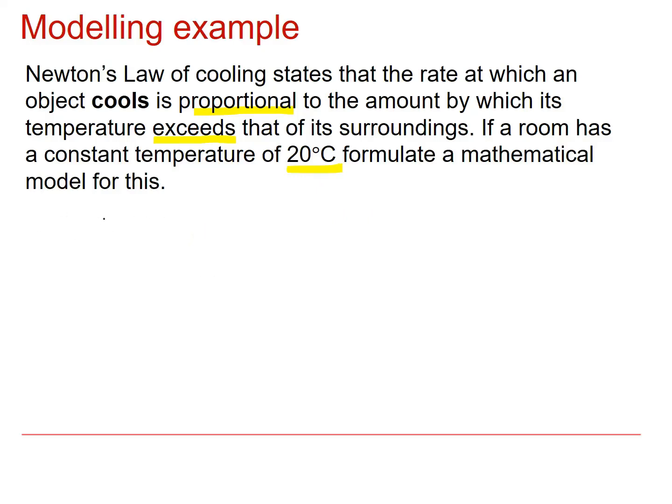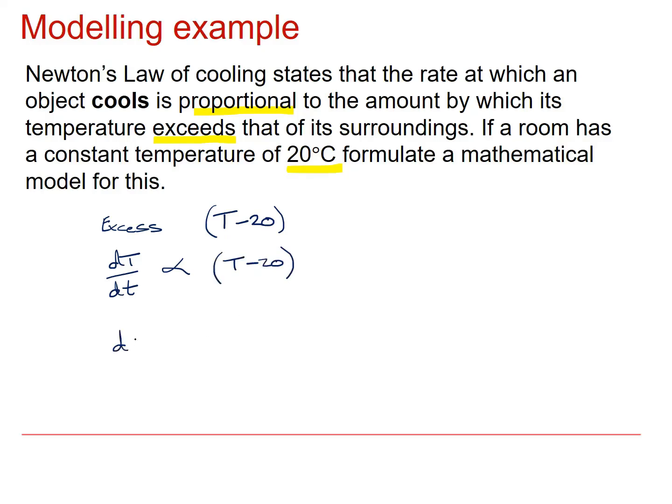Well, we can write that the excess temperature, the amount by which an object exceeds the room temperature, is T minus 20. And that the rate of cooling, so that will be dT by dt, is proportional to that excess, T minus 20.